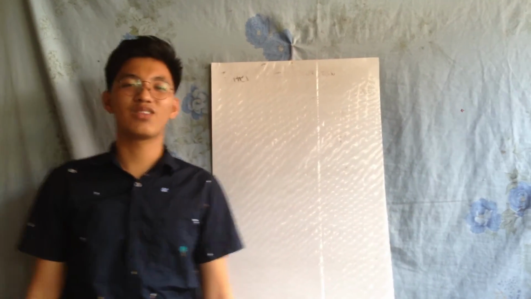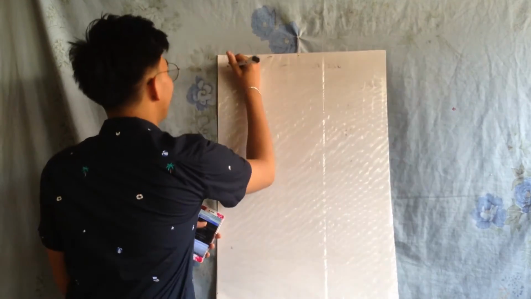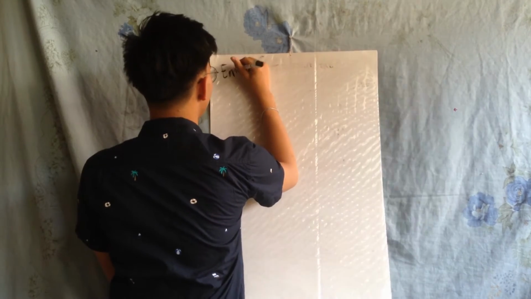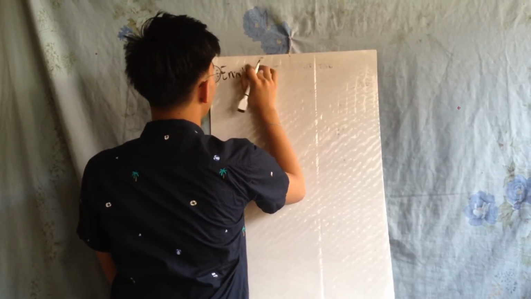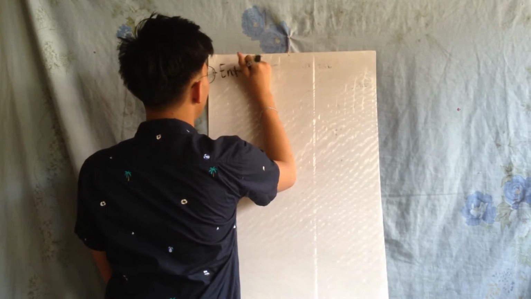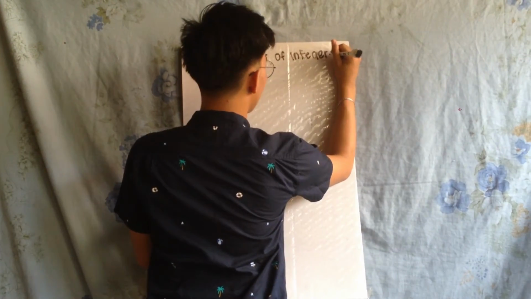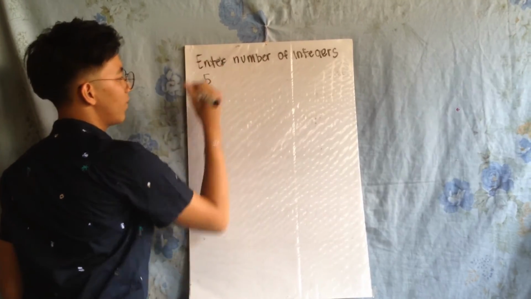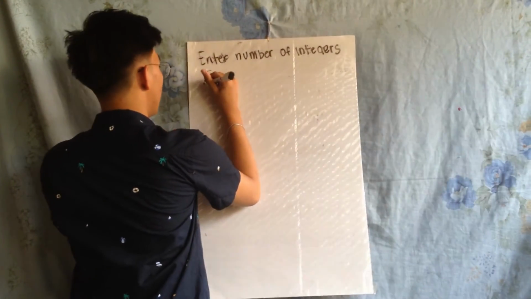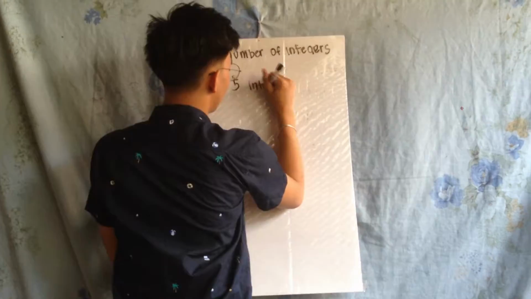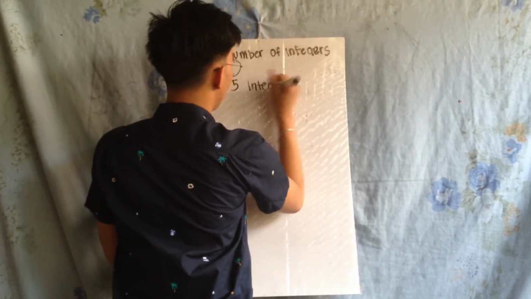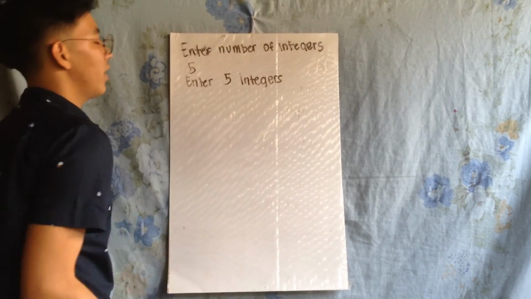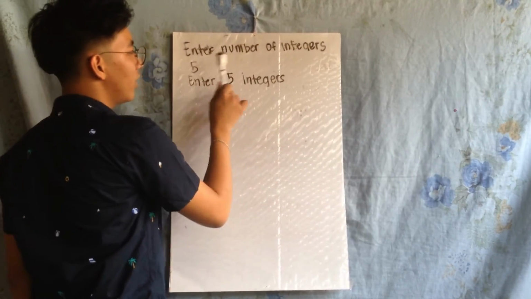For now, I will show you the output of the program. First, lalagyan natin is enter number of integers. So, enter number of integers, i-enter natin is 5. Tapos guys, after natin mag-enter ng number of integers, mag-enter naman tayo ng 5 integers na kung ano ang hinihingi.